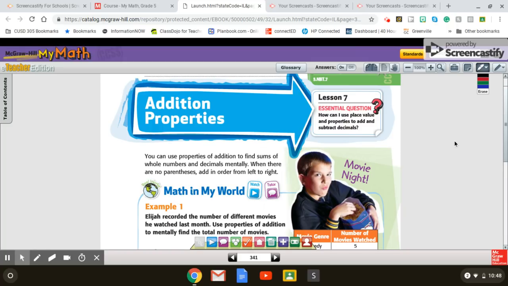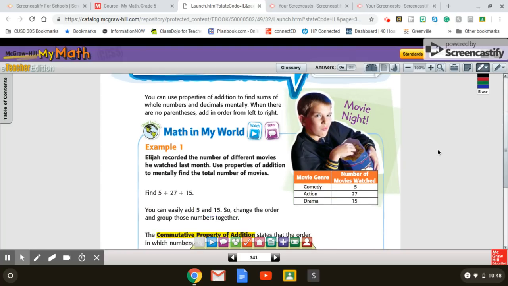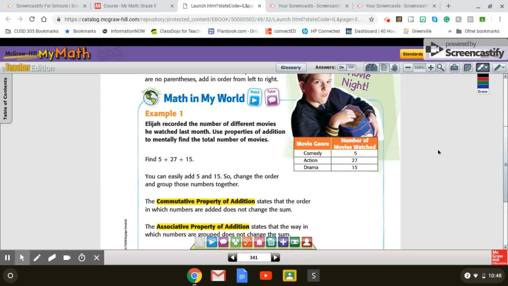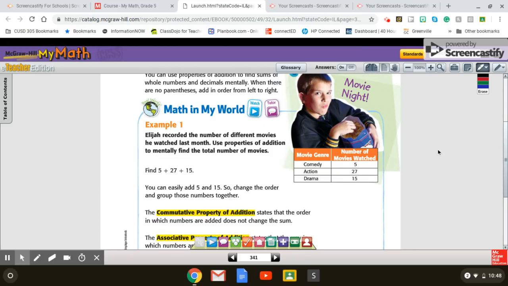Okay, so the first property that I want you to write down in your notes is the commutative property of addition. The commutative property of addition states that the order in which numbers are added does not change the sum. For instance, on this example here, taking 5 plus 27 plus 15, you are going to get the same answer if you do it that way as if you take 5 plus 15 plus 27, or if you take 27 plus 5 plus 15, or 27 plus 15 plus 5.